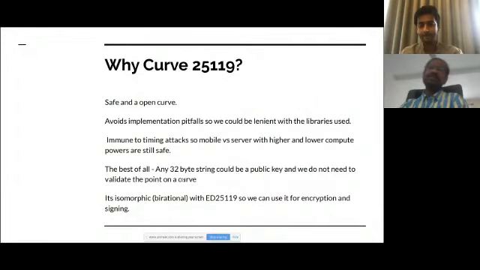Obviously, it takes a lot of science to predict it, but absolutely predictable, which is dangerous when you build such big solutions at the country's scale. So it was very important that we choose something which avoids any implementation pitfalls, and you would see the curve 25519, irrespective of the libraries we choose to use.